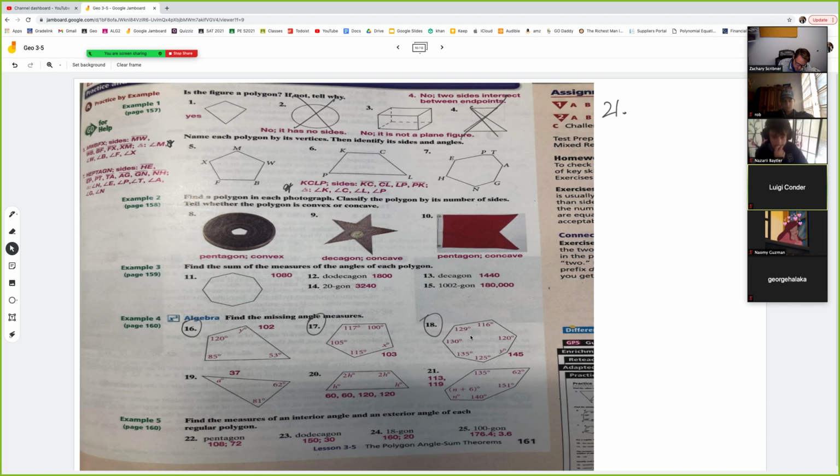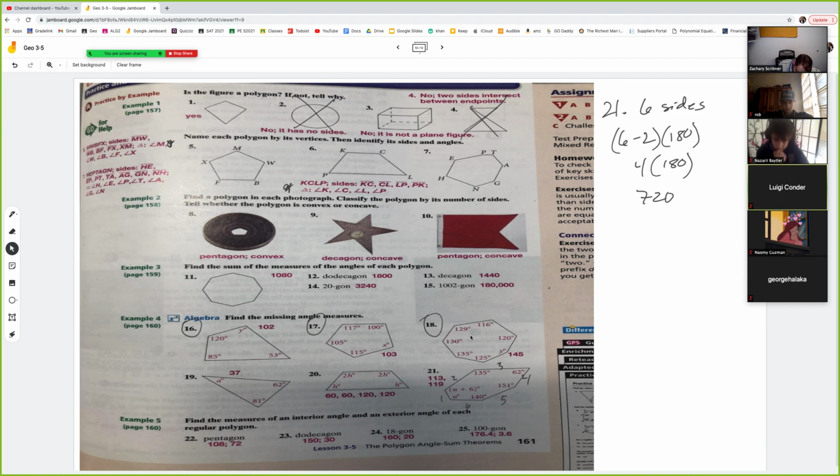So how can we do that? Well, we have how many sides? 1, 2, 3, 4, 5, 6 sides. So 6 minus 2 times 180 would be 4 times 180. We already did this, would be 720.